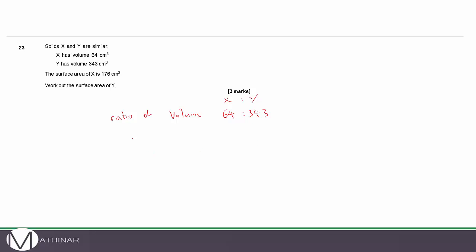So what we need to do is work out the ratio of the lengths. If we're given the ratio of the volumes, to work out the ratio of the lengths, we cube root them. So the cube root of 64 is 4, and the cube root of 343 is 7.